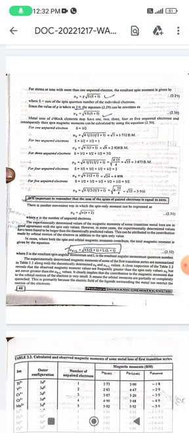In cases where both the spin and orbital magnetic moments contribute, the total magnetic moment is given by the equation mu s plus L is equal to root 4s into s plus 1 plus L into L plus 1, where s is the resultant spin angular momentum and L is the resultant angular momentum quantum number.